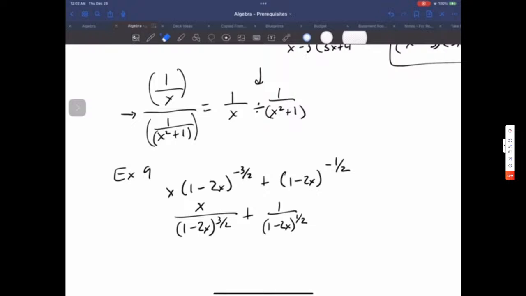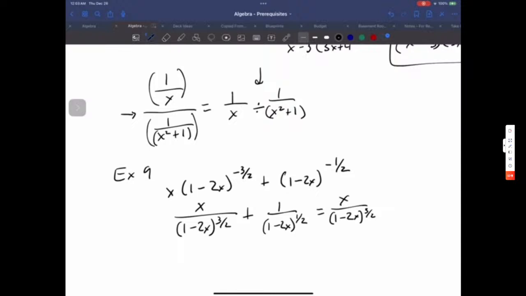So here, we notice that these two terms are the same. The polynomial inside is the same. So the least common denominator is actually going to be x over the same thing, because that is the least common denominator.